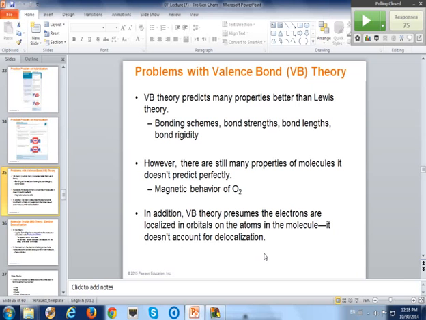Okay, so part of the reason why the valence bond theory has these inadequacies, well, it is a greater success than the foundation, the Lewis model, because it incorporated quantum mechanics, right?